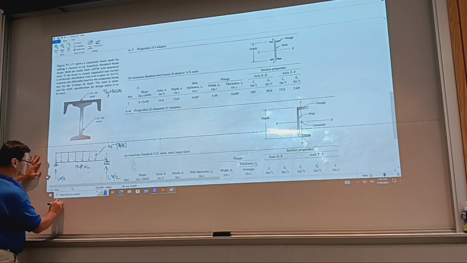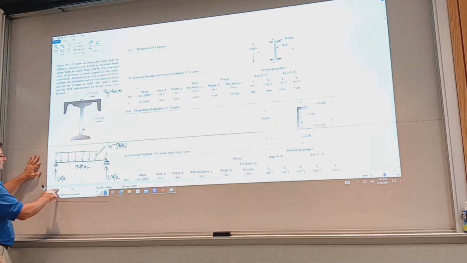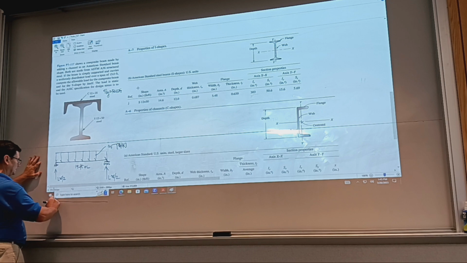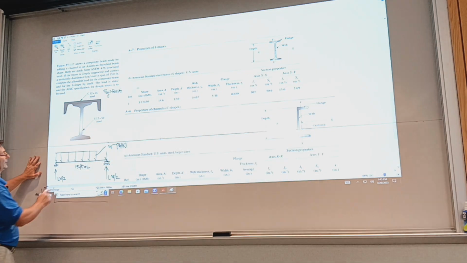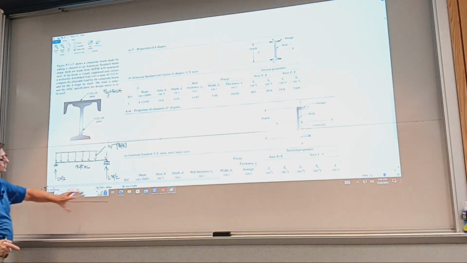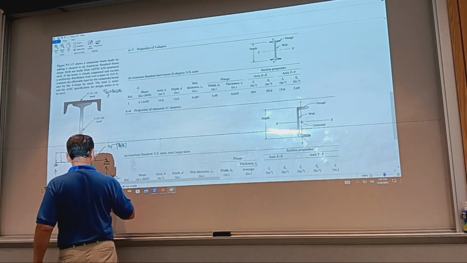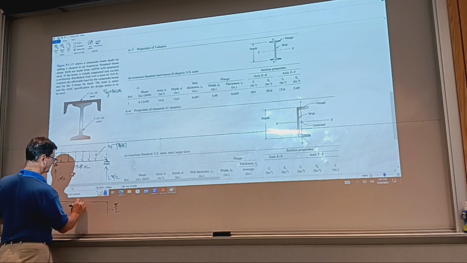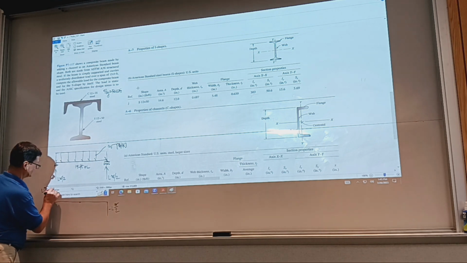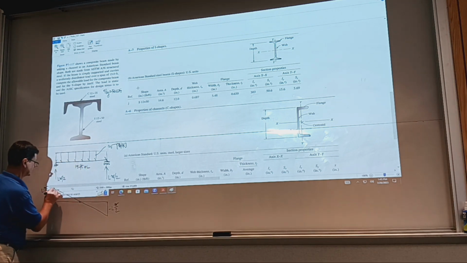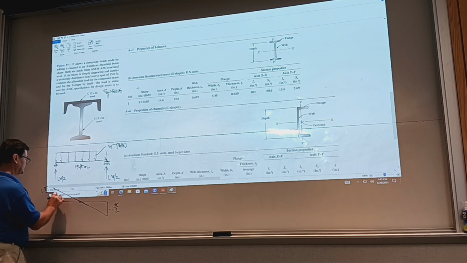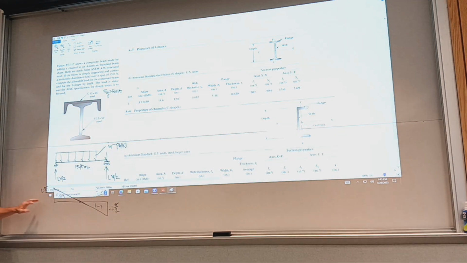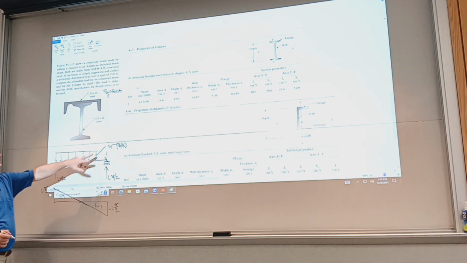The shear force diagram begins with a positive jump of L times w over 2, then has a linear variation going to negative L times w over 2. It goes through 0 in the middle for reasons of symmetry. So this is the shear diagram, positive here, negative here, and the slope is going to be w.